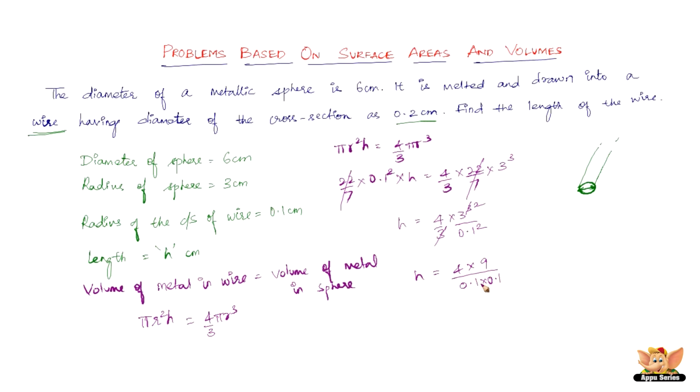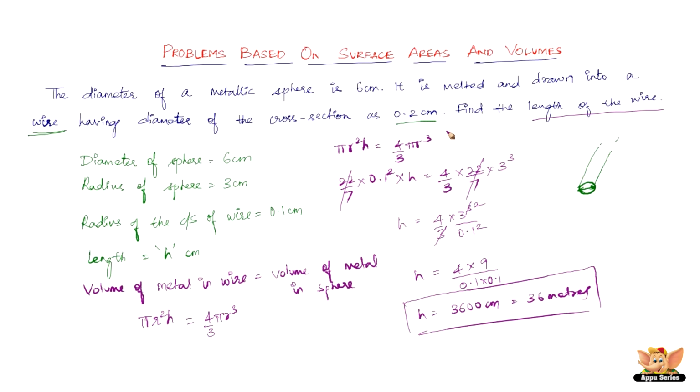So you get 36 divided by 0.1 times 0.1, you get 3,600 centimeters, or h equals 36 meters, right? So therefore the length of the wire is found to be 36 meters. It is 36 meters in length. So that's the kind of lengthy wire that you can make if you've got a metallic sphere of 6 centimeters.